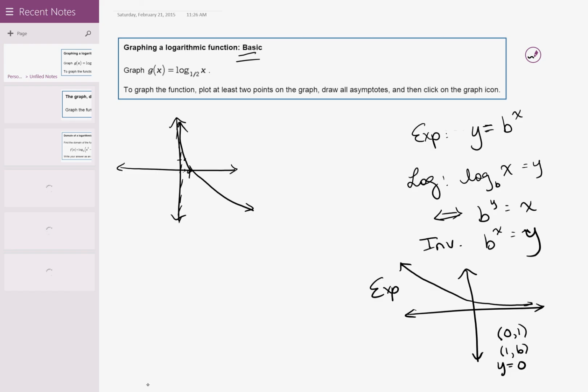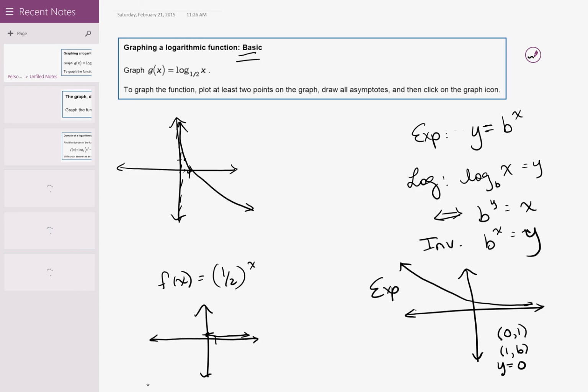Now think about f of x is equal to 1/2 to the x. That goes through the point 0, 1, and 1, 1/2.